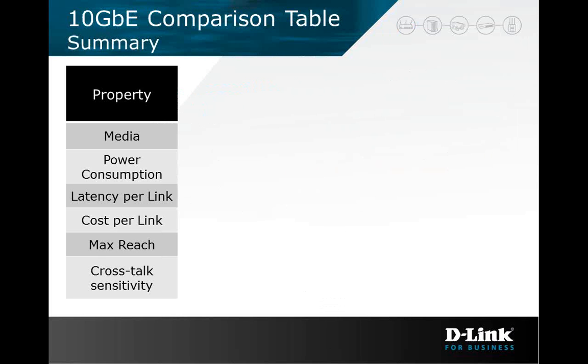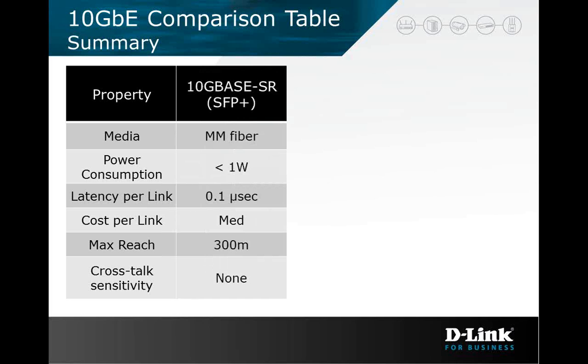All right, so here's a summary of what we just talked about, of 10 gig over the various media. For 10 gig over fiber, all I'm listing here is SR, the multimode, because as we discussed, it's the most predominant in the business networking environment. Multimode fiber power consumption is pretty good, less than a watt per port.